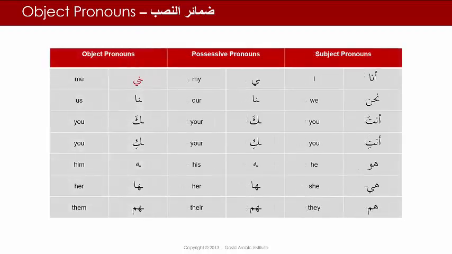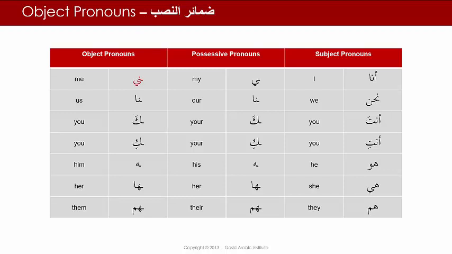Now in this lesson, we're looking at object pronouns. So here we have ni, na, ka, ki, hu, he, ha, hum, or him. Notice they look very similar to the possessive pronouns. And that's because they basically look the same except for the first person singular, and that is ni rather than i. So for example, we would say هل تعرفني?